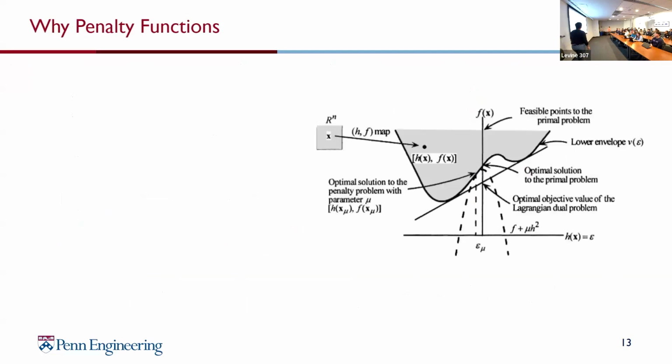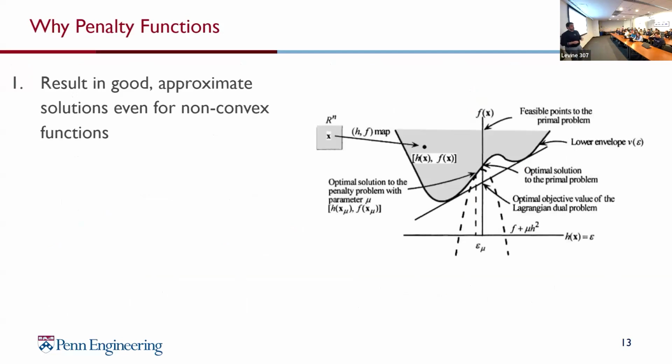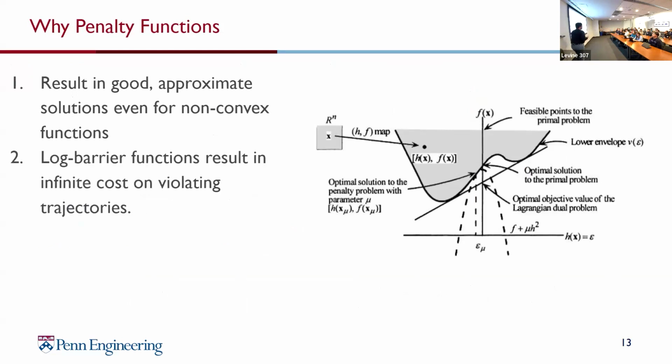And the main question that you might ask is why penalty functions in specific? Well, for one, they result in good approximate solutions for even non-convex functions, and that will work well for us. Secondly, you might ask why not use log barrier functions, and you could. But the problem with log barrier functions is that they result in infinite cost on violating trajectories.